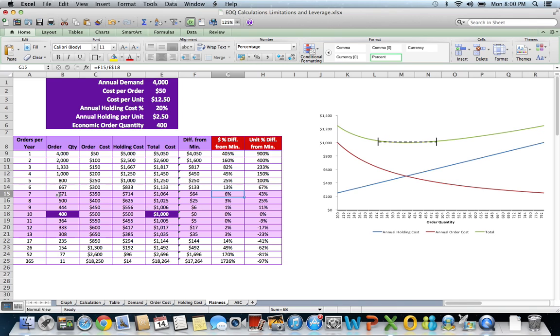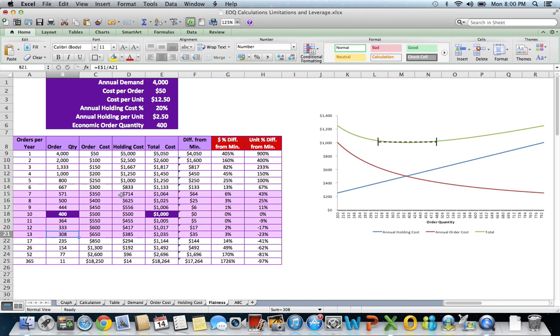So you could go from ordering 10 times a year at 400 to 7 times a year at 571 to 13 times at 308, and you're talking about $35 this way and $64 that way. It's virtually irrelevant where you are on this curve, considering these estimates and this closeness.